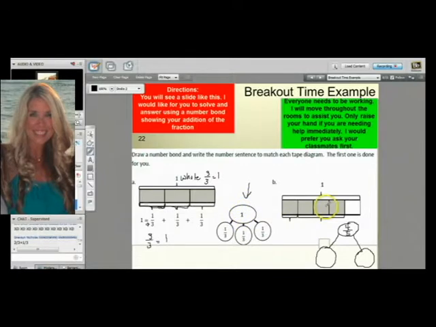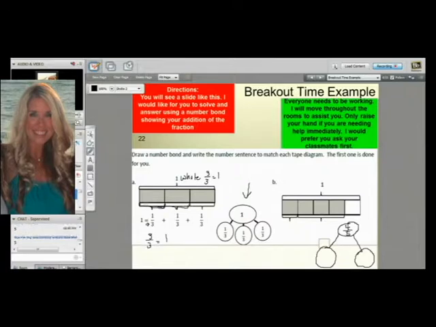Well, look right here. Who can tell me how many equal slots Miss Brister has right here? Hannah, how many equal parts do I have? Hannah, are you there? Okay, let's see.